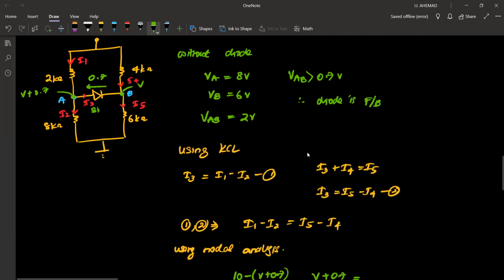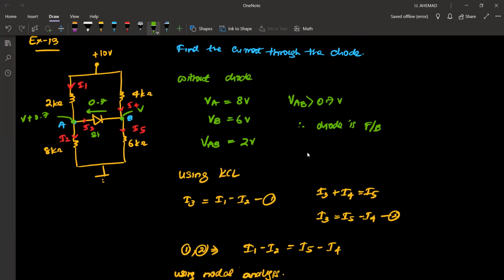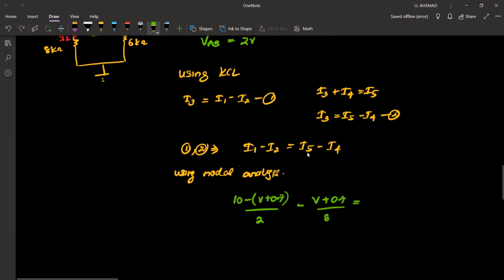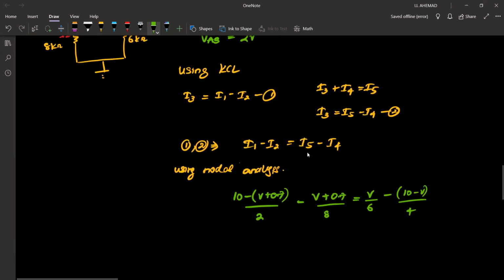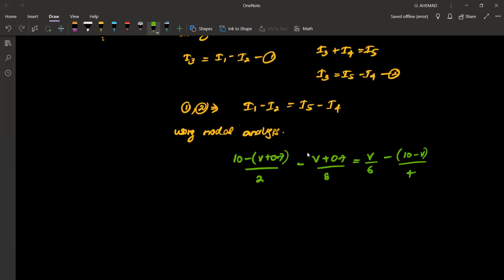This is equal to, instead of I5, V over 6, minus (10 minus V) over 4. Now in this equation, the only unknown is V.